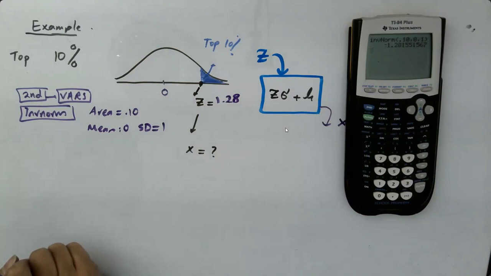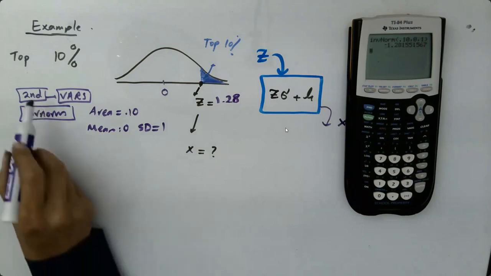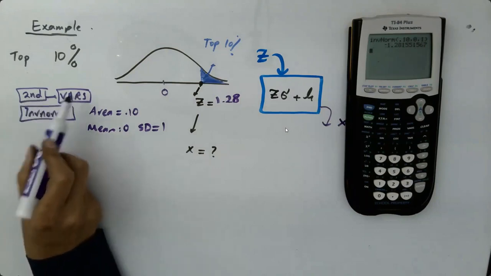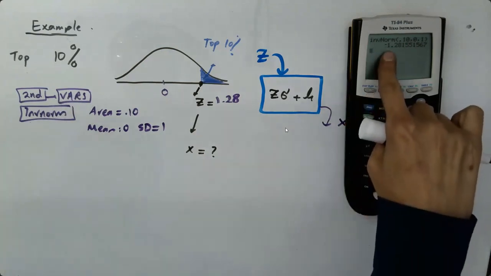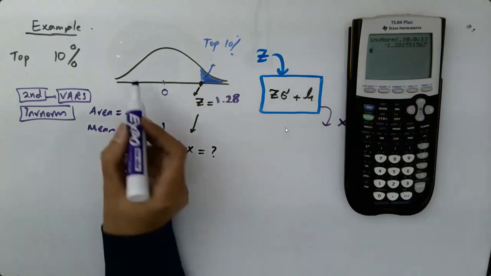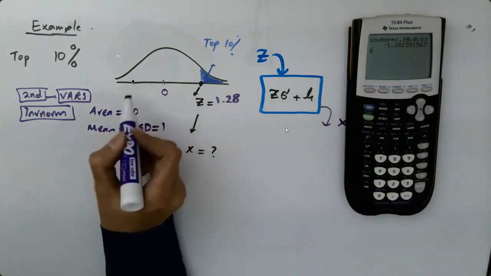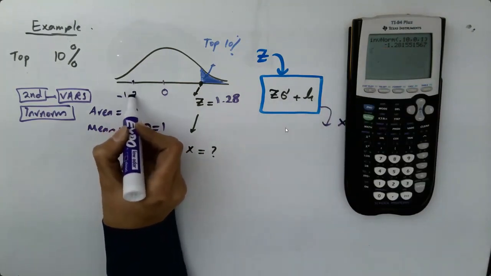Okay, it wasn't that hard. I used second, vars, inverse norm. The calculator computes a negative Z-score, which is the mirror image on the left-hand side, negative 1.28.